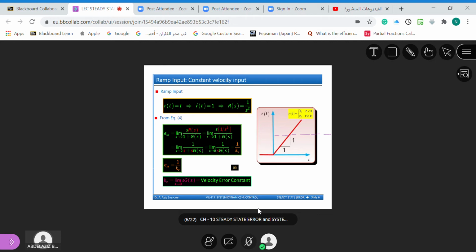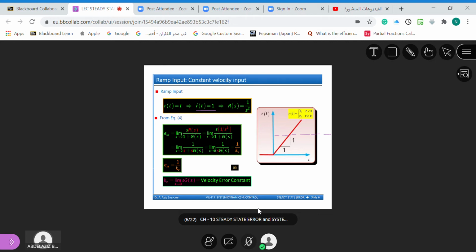If we take the ramp input, r dot of t, the rate of change will be 1, and the Laplace transform R(s) will be 1 over s squared, as you know. Similarly, we look for the steady state error. The steady state error will be the limit as s goes to 0 of s times R(s) over 1 plus G(s).